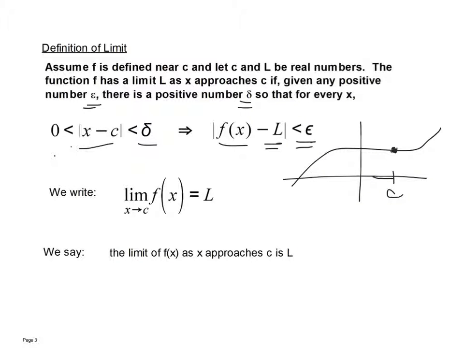So as x goes to c, f of x gets really close to L, so we call L the limit. If we're going along a graph and it's obviously approaching this number, that is what the limit is called.